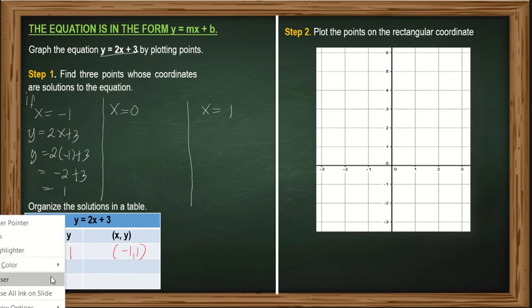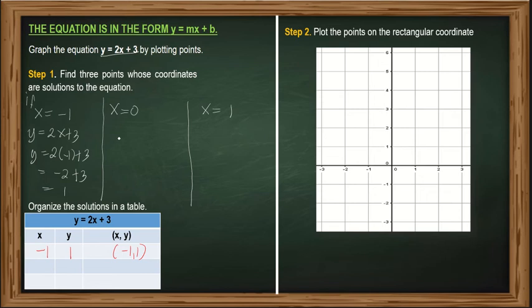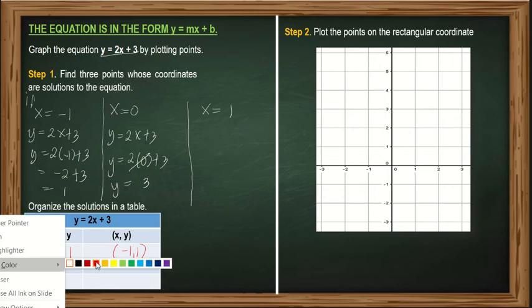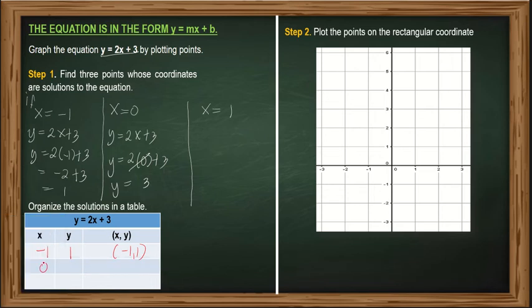Next, for the second value of x, that is 0, you have y is equal to 2x plus 3. Y is equal to 2 times 0 plus 3. 2 times 0 is 0, so we have y equals 3. So the second point has coordinates 0 and positive 3.